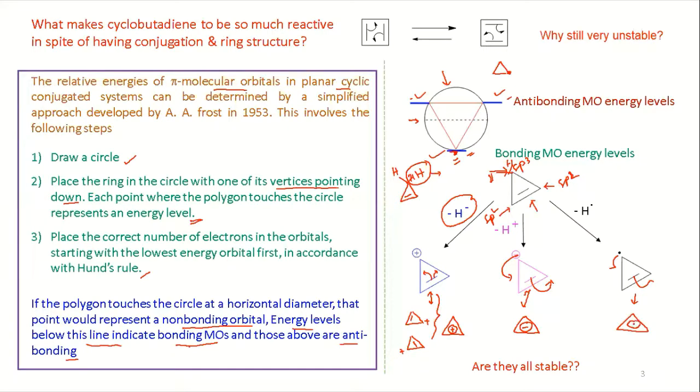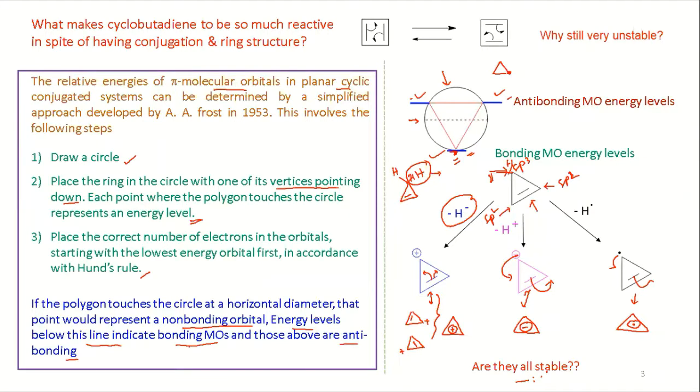So your radical is moving, it is delocalizing. Got it? All of these have a similar phenomenon: the electrons are moving. Now the question is, are they all stable? Which is the most stable, which is the least stable, and how will we explain it?